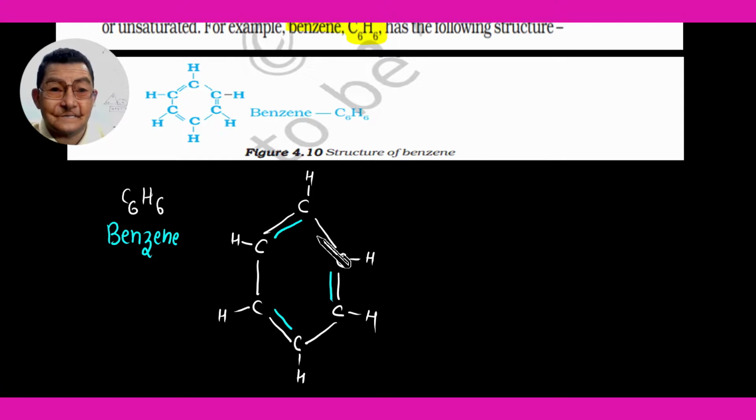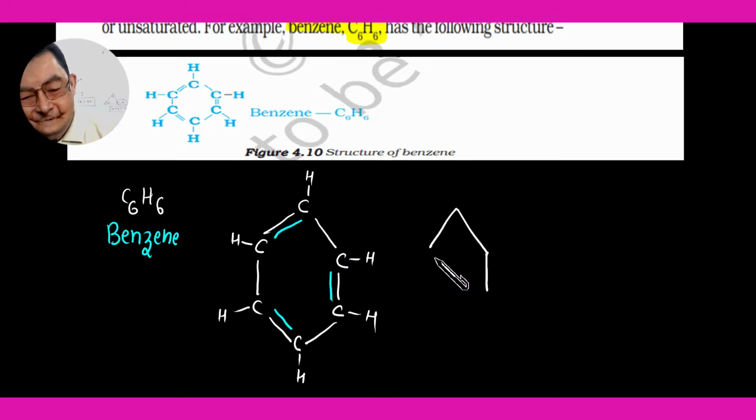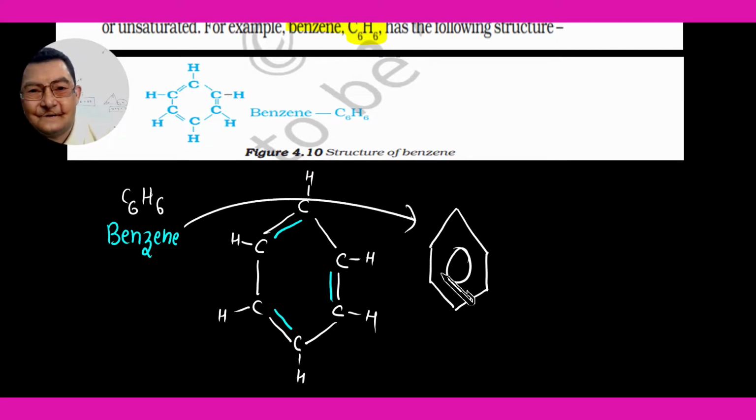Benzene is C6H6. If you see your seniors of 11th and 12th, they will find the benzene structure drawn like this. See, this is benzene. But basically benzene is this, C6H6, 6 carbons and 6 hydrogens drawn this way.